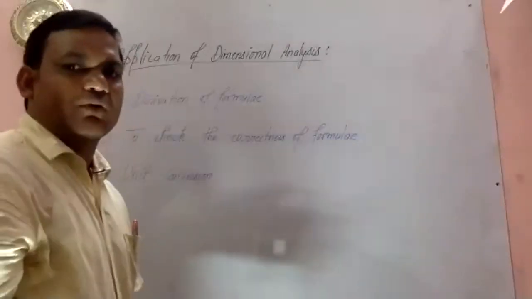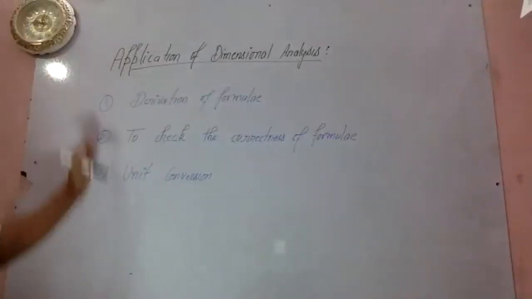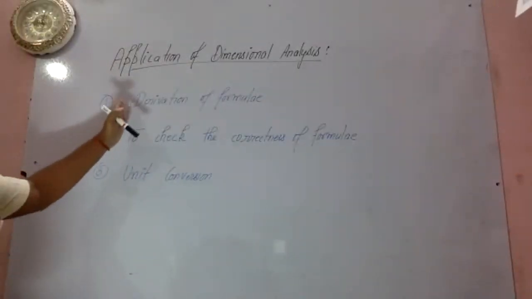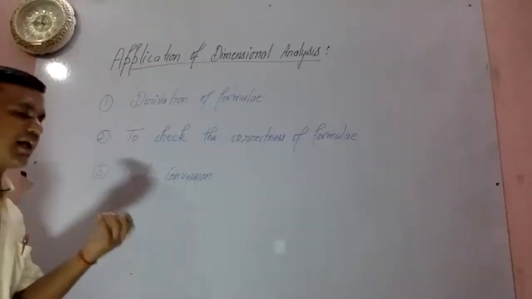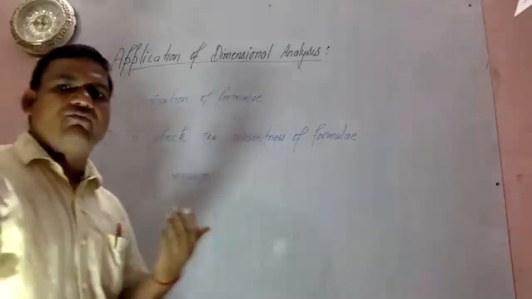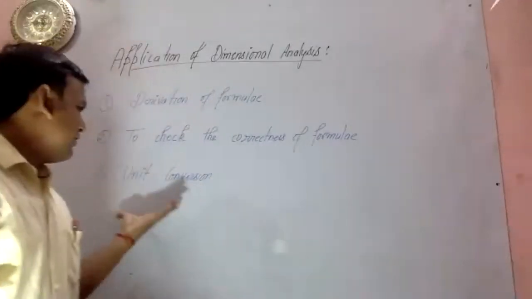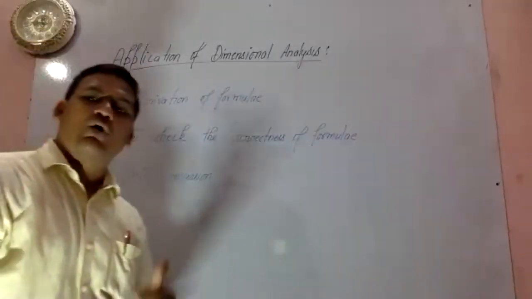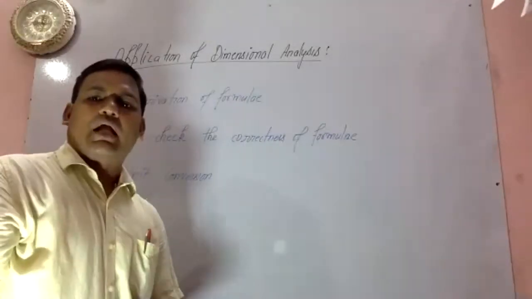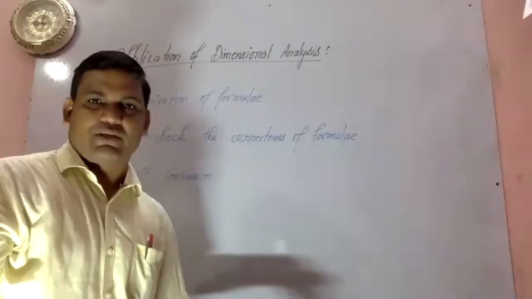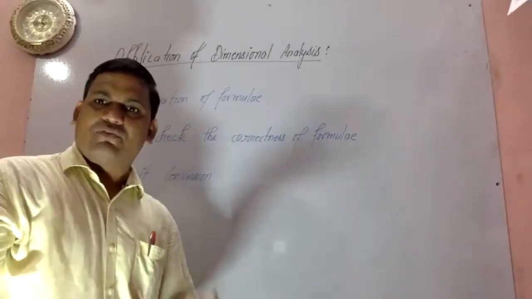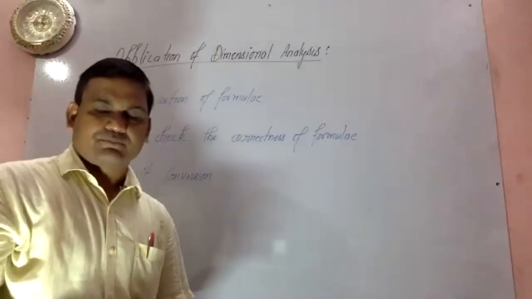These are the things we are going to do today. We'll see the different applications. The first one is derivation of formula. The second is to check the correctness of formula, whether the given formula is correct or not. And we'll see unit conversion, how we can convert any physical quantity from one unit to another.